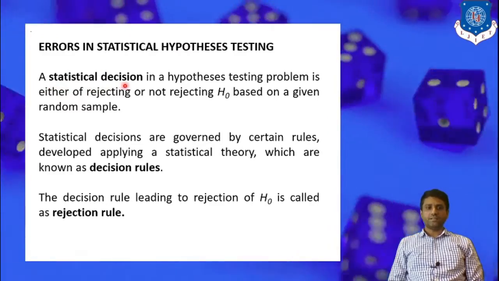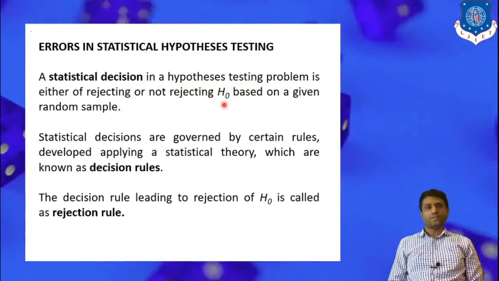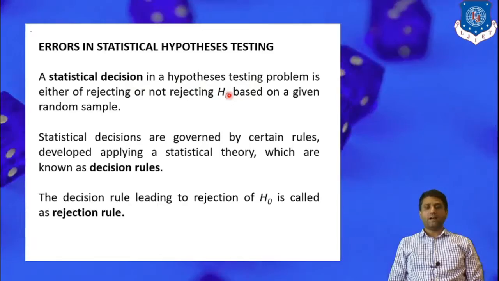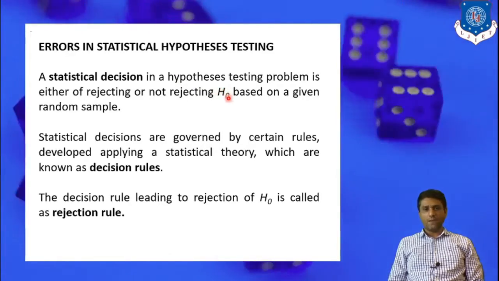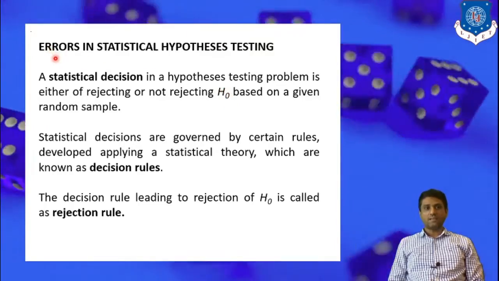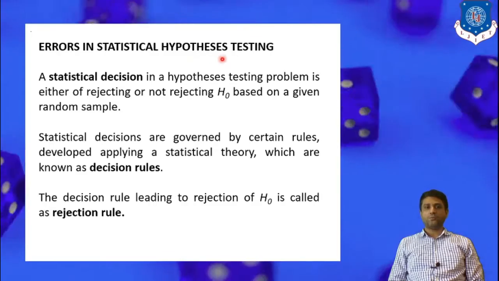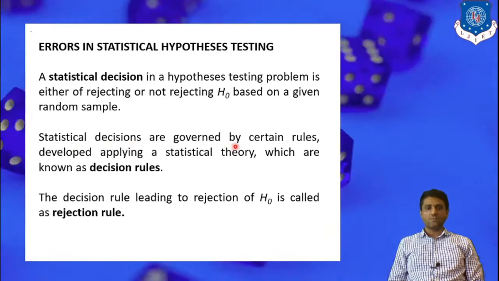So a statistical decision in a hypothesis is to check whether the null hypothesis H0 is right or wrong. So to check this null hypothesis, right or wrong, there is what is known as error in statistical hypothesis testing. Now statistical decisions are governed by certain rules.